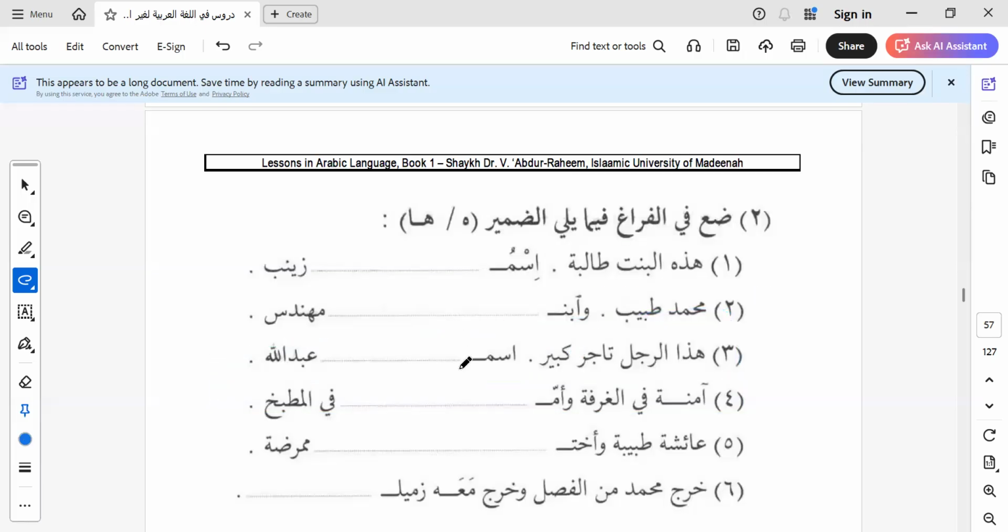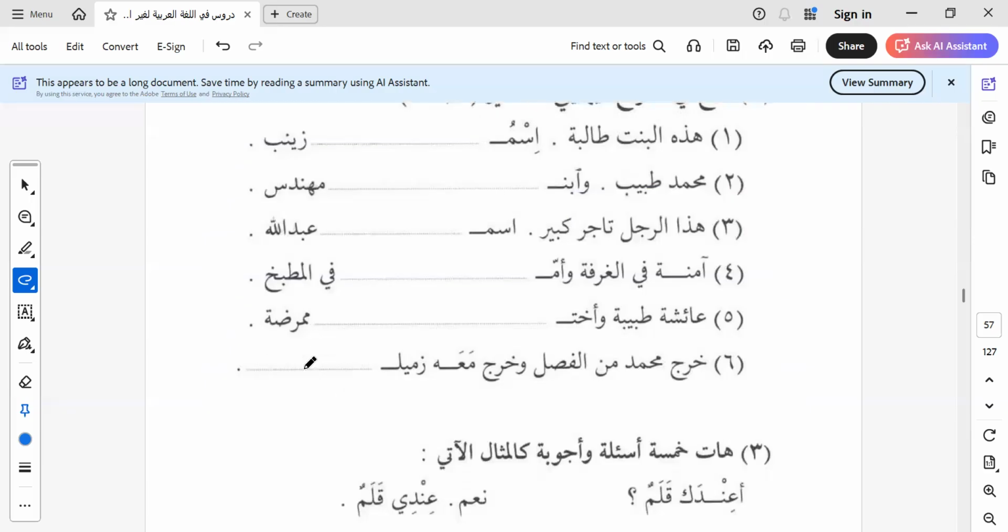Yes. اسمه Ismuhu. Yes, ismuhu Abdullah. Ismuhu Abdullah. MashaAllah. So I think we all understand this, right?